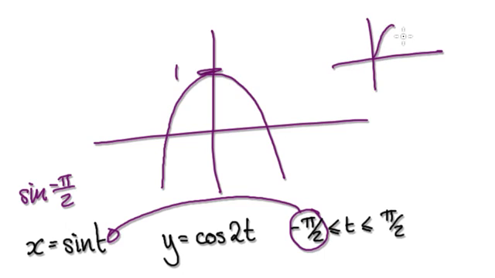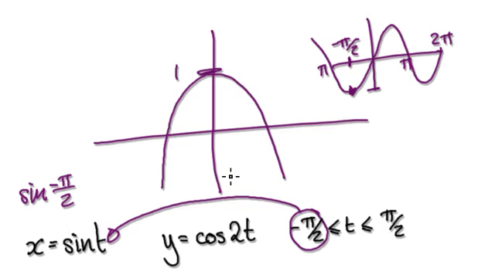Well, sine looks like this, this being 2 pi here. This is being pi. Let's extend this into the negative realm. So this is pi. Pi over 2 is right here. Negative pi over 2 is right here. So sine negative pi over 2 will be negative 1.